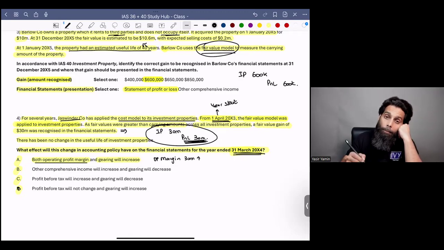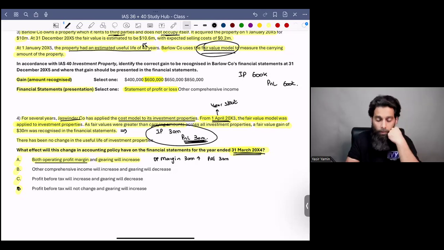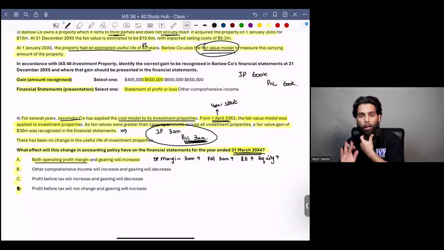If your operating profit margin will increase by 30 million, then technically your profit after tax will also increase by 30 million as a result of this fair value gain. And as a result of this, technically your retained earnings or your equity will also increase by $30 million. Do you all agree? I want an answer from everybody, guys. Make sense?